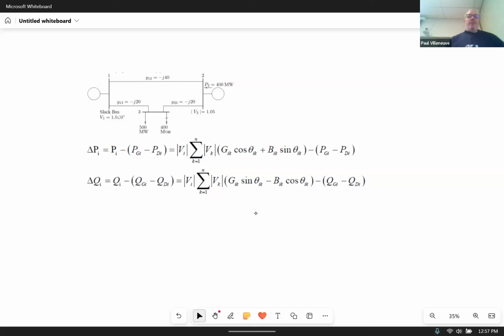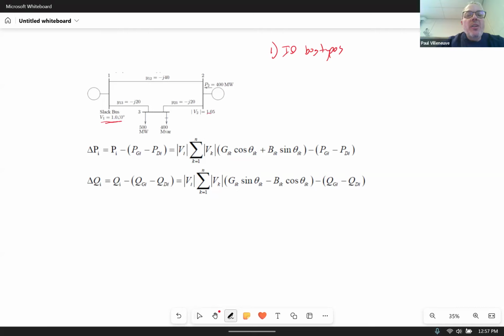So remember what our steps are, right? Step 1, ID bus types. The 3 bus types are slack, gen, and load, or reference, PV, and PQ. We know the slack bus over here. That's already called out.